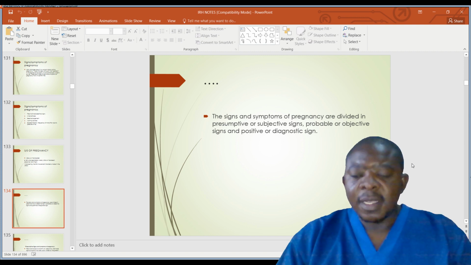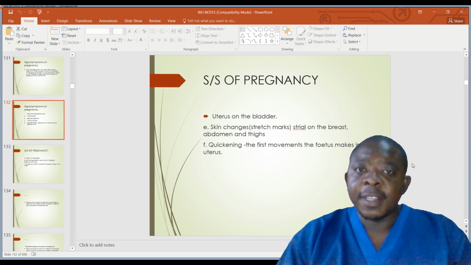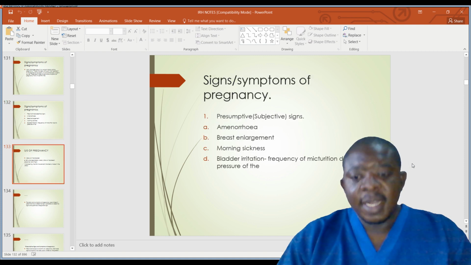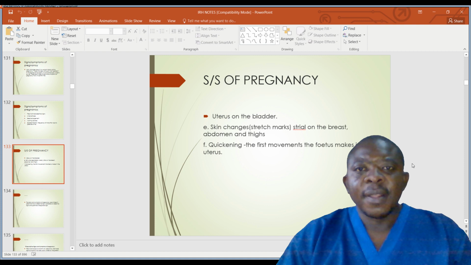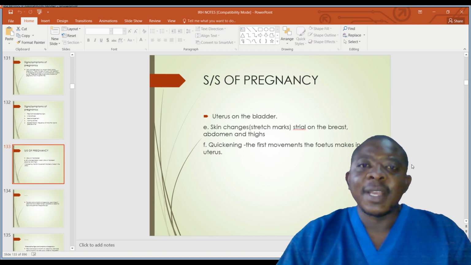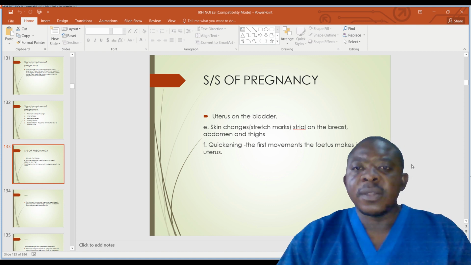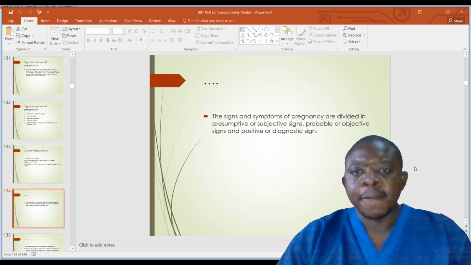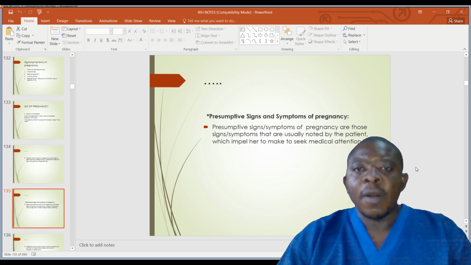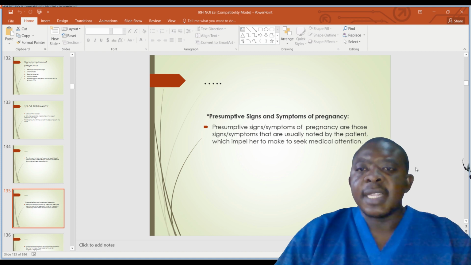And some of the terminologies that we are expected to use in this lesson include quickening, stretch marks, and the likes.